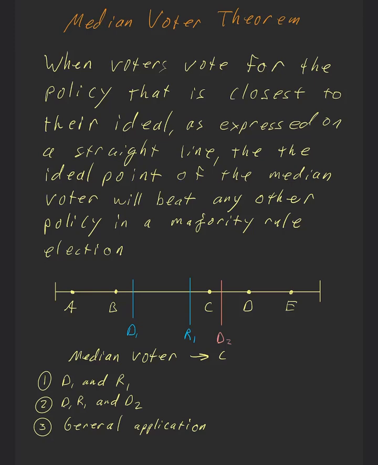Now this has also a very general application in addition to the somewhat narrow application that I'm showing here, which is to say if you have a situation where a candidate or any set of policies can be evaluated in this manner, you will also see the same outcomes. The median voter is the only thing that matters in some sense. How do we know this? Well, suppose for a second that A moved and E moved, and we just see this shifting of extreme outcomes, but C doesn't move, right?